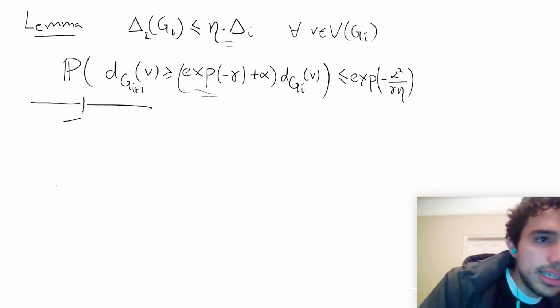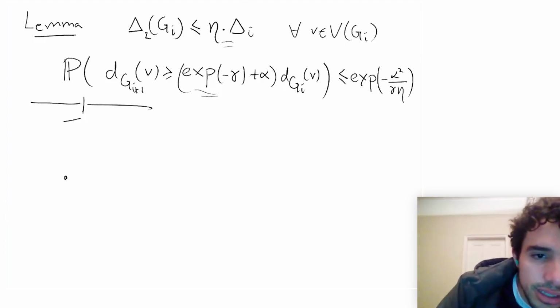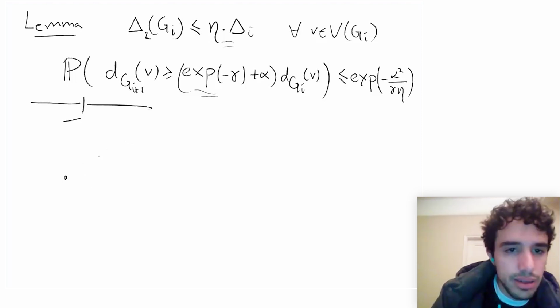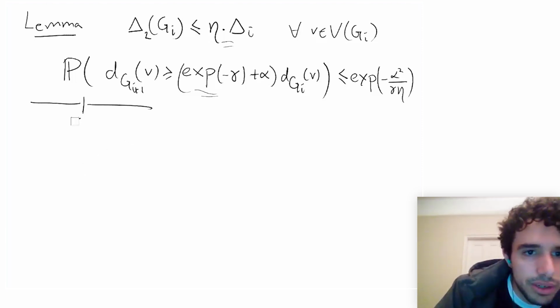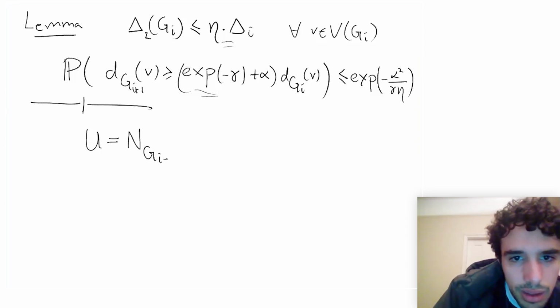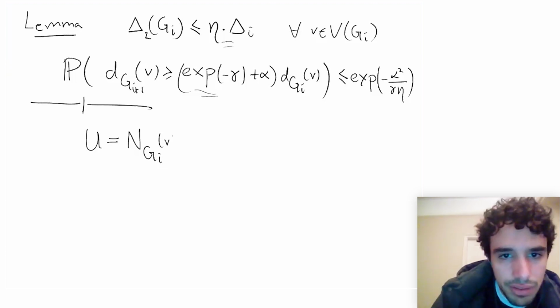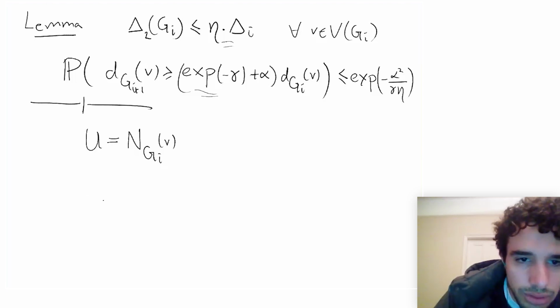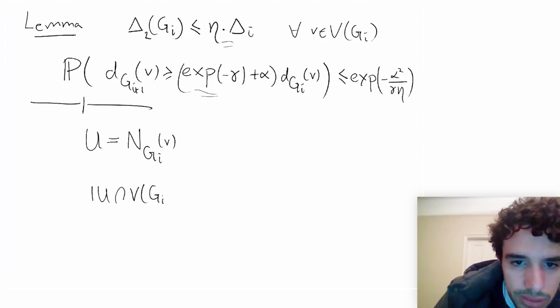So the idea to prove the concentration is the following. We have our set U, and it's going to be the neighborhood in G_i of our V. And then we want to show concentration for U intersection V of G_{i+1}.